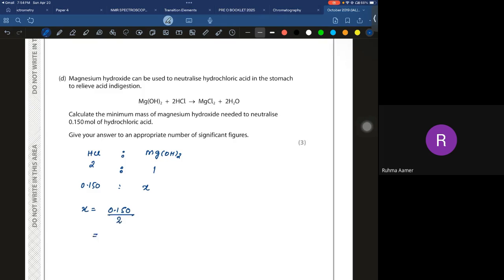What's the answer of moles? 0.075. I can find out the mass, which is equal to Mr times moles. The Mr of magnesium hydroxide is 58. 58 times the moles, 0.075, I would be getting the mass in grams.